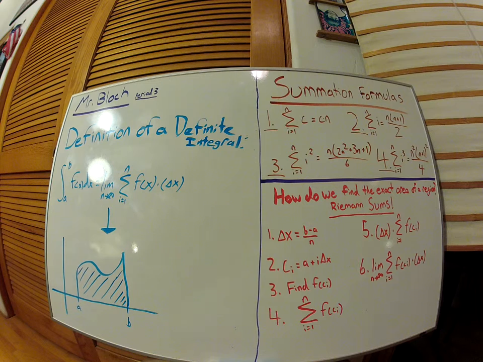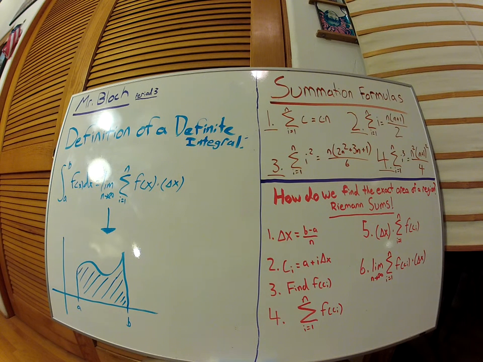After that, step 5, we're going to be multiplying the width, or the change in x, times that summation of f of c_i. Finally, to set this apart from what we did before, we're trying to find the limit as n approaches infinity. So we're finding an infinite number of rectangles inside that shaded region, finding the area.